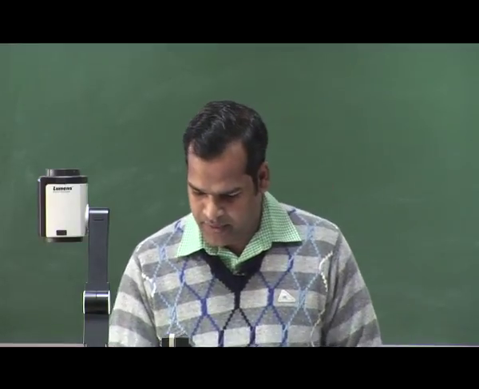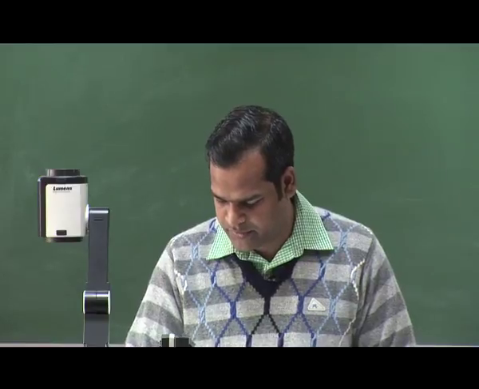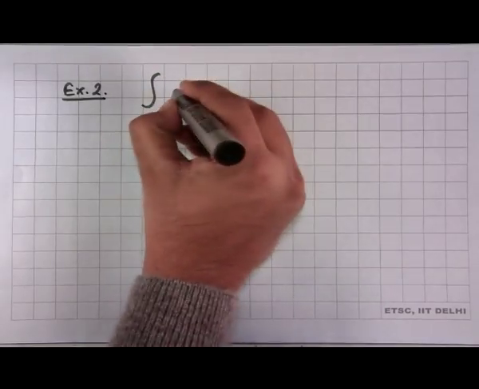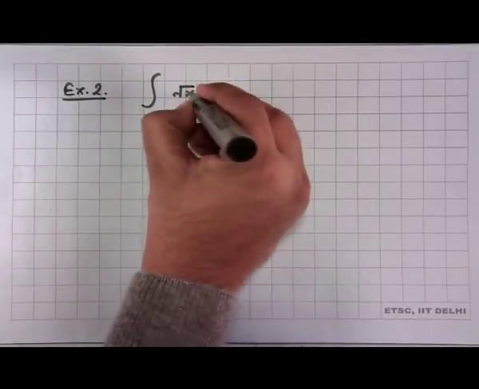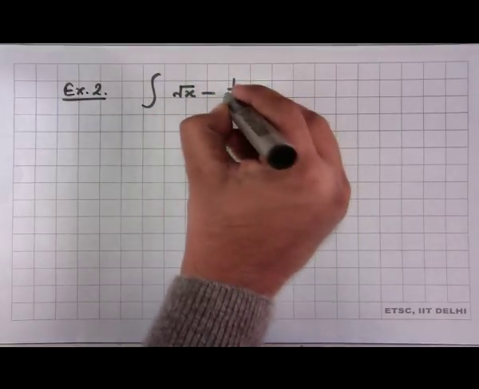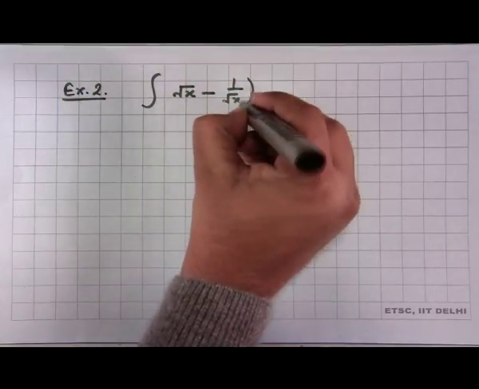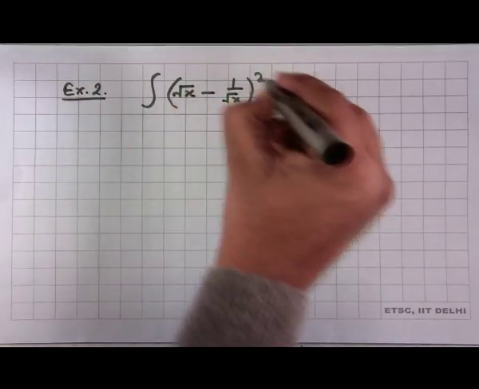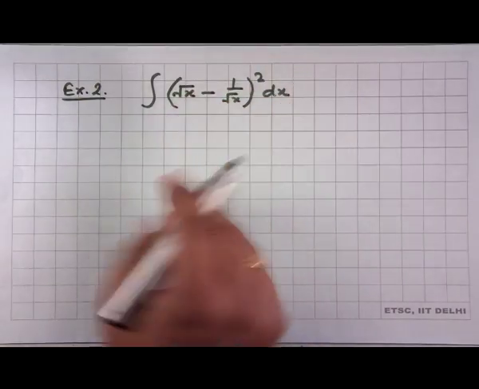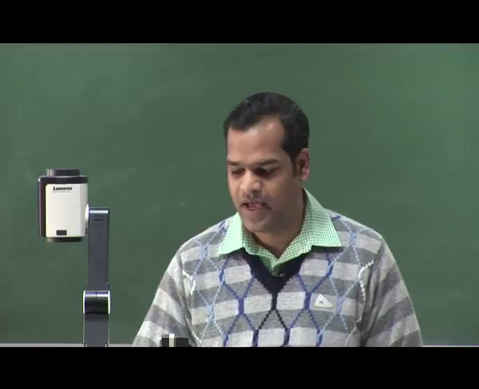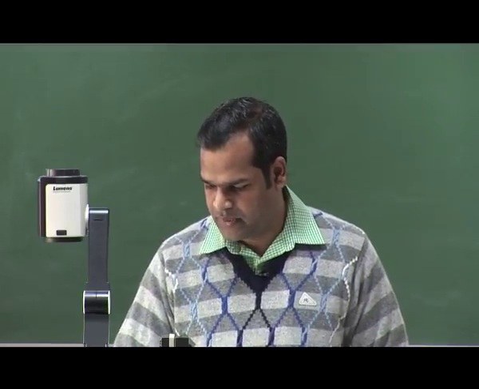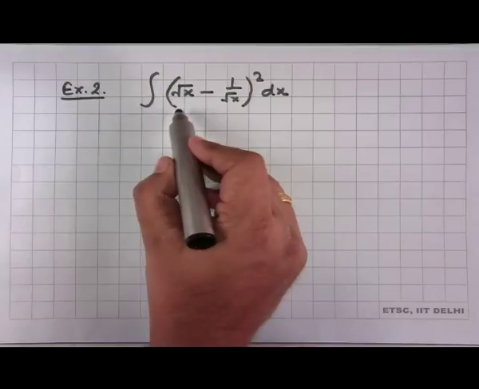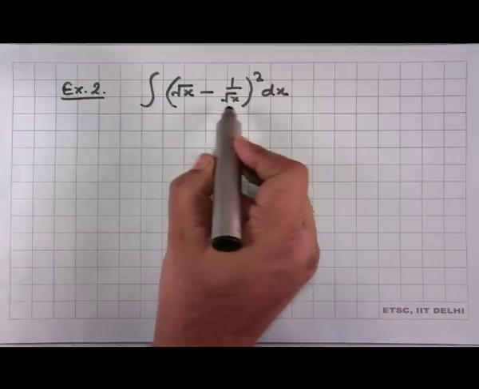So, we will take another example for you. Say we are to evaluate the integral of square root of x minus 1 by square root of x, whole square, dx. Many times we may not have the direct application of the integrals which we have learned.